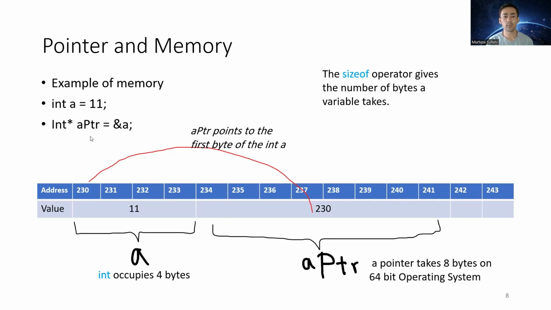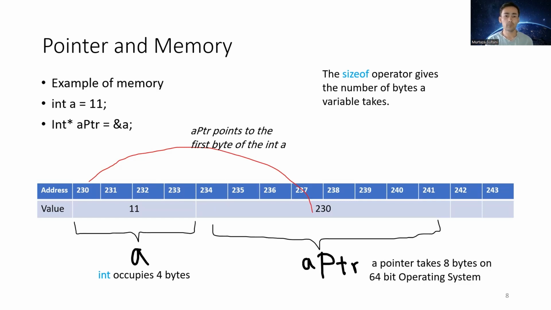However, when we initialize the address of a in the memory with the pointer, a pointer points to the first byte of the integer a.